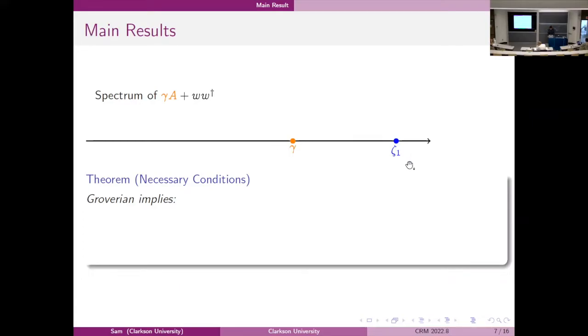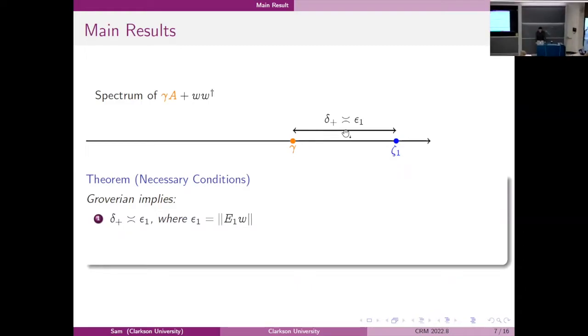So the largest perturbed eigenvalue, which we call zeta 1, would be on the right of gamma. The gap between zeta 1 and gamma, which we call delta plus, if it's asymptotically the same as epsilon 1, then this is a necessary condition for covariance. So this is the first one.